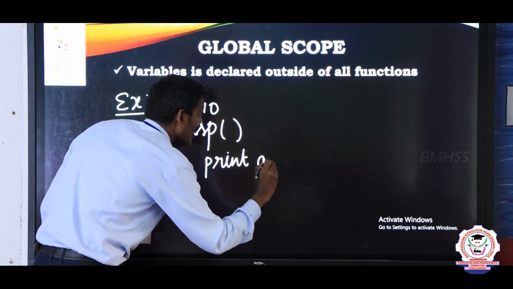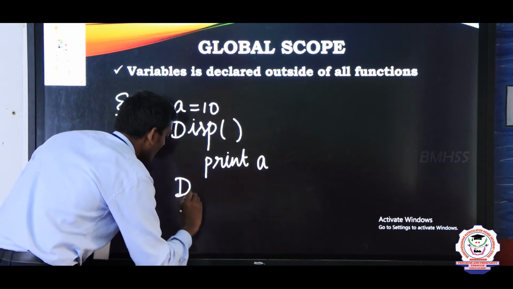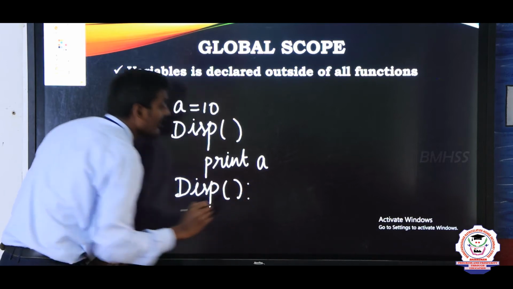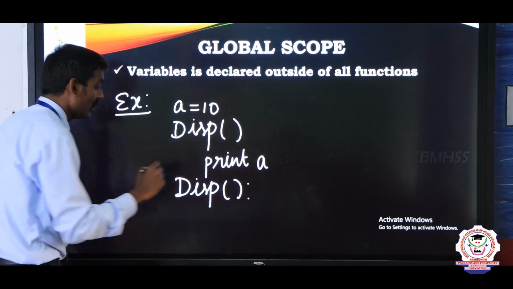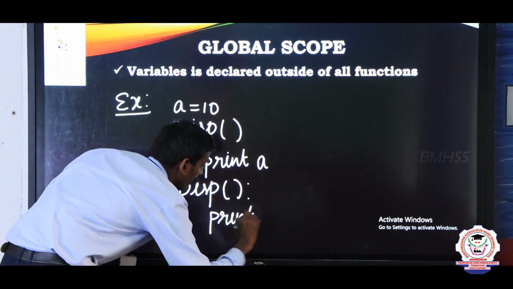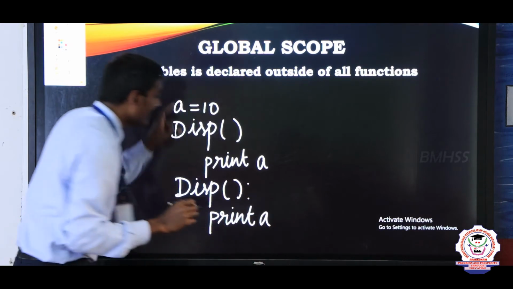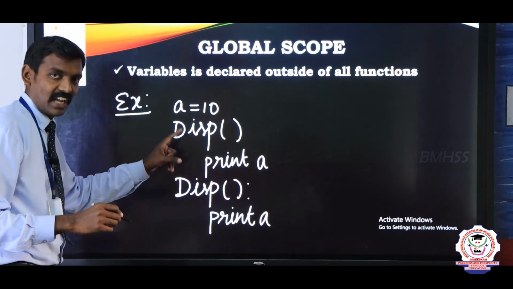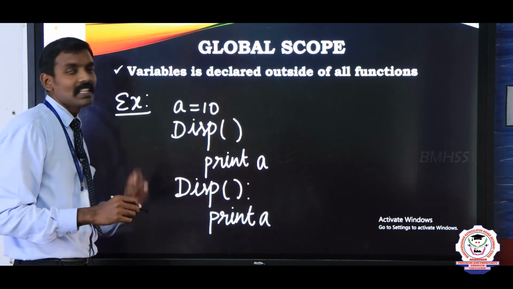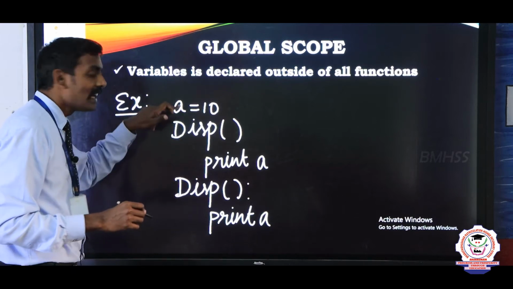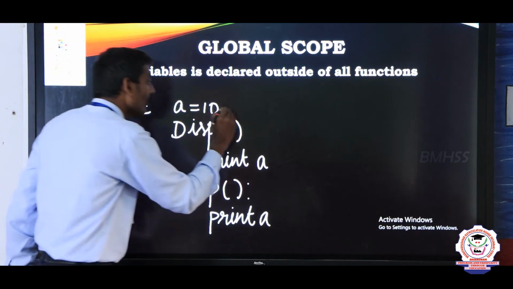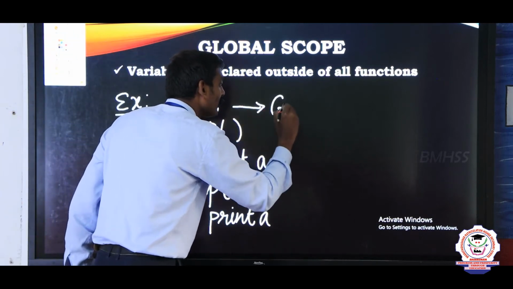Print a. This refers to closing a function. And next one, print a. In this pseudocode we have two print statements, but we have only one variable. This variable is called a global scope because the variable a is declared above the part of a function. So it is called a global scope variable.